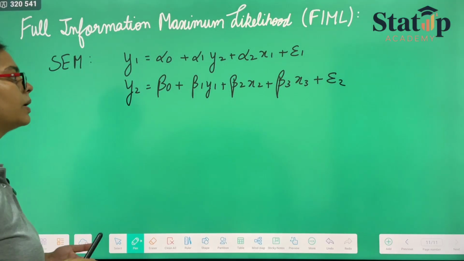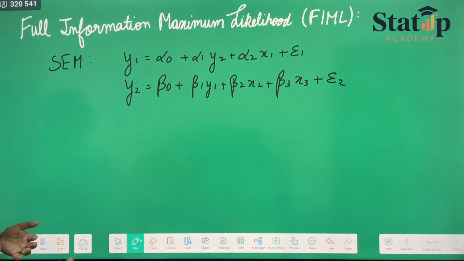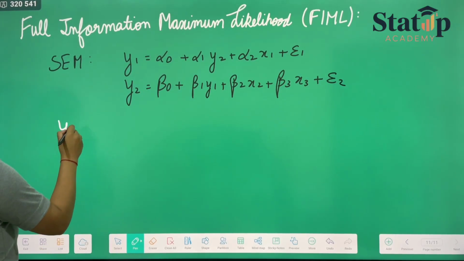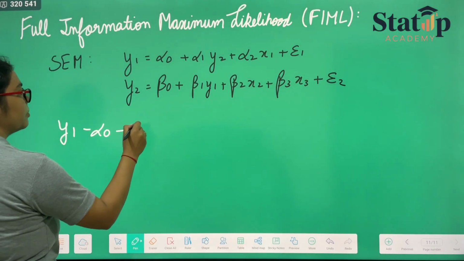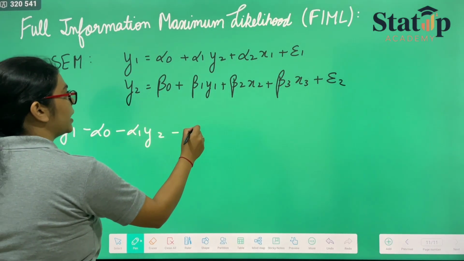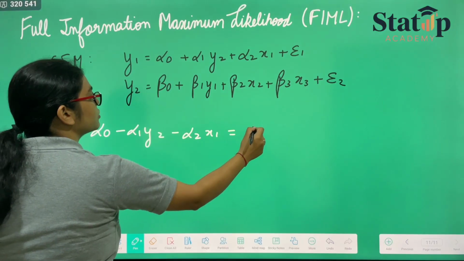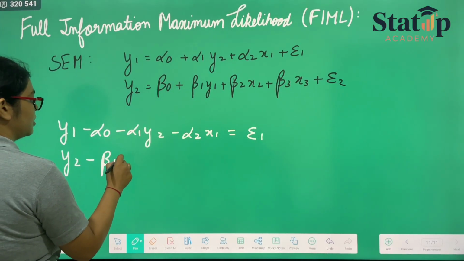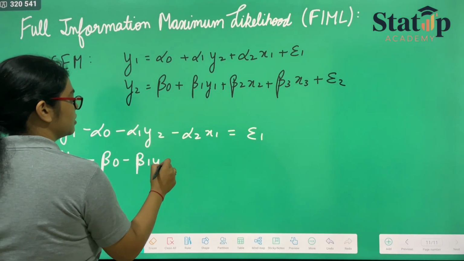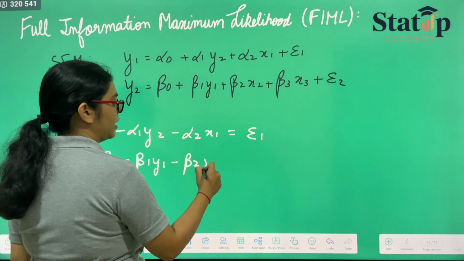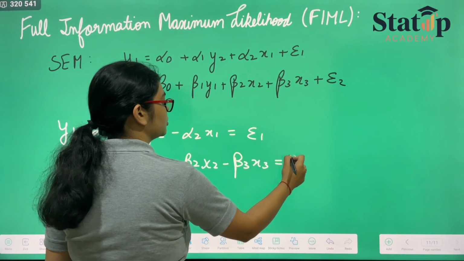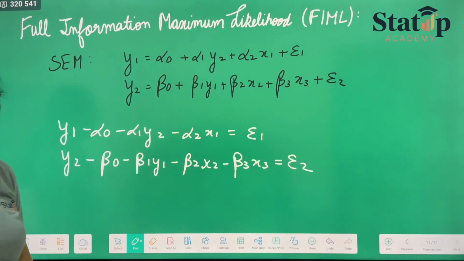Now the first step would be, except for the error term, take all the other terms on the LHS. So our model becomes y1 minus alpha naught minus alpha 1 y2 minus alpha 2 x1 is equal to epsilon 1, and y2 minus beta naught minus beta 1 y1 minus beta 2 x2 minus beta 3 x3 is equal to epsilon 2. This will become our model.